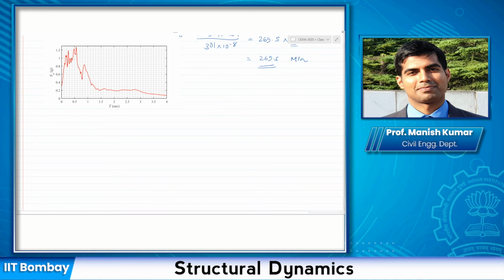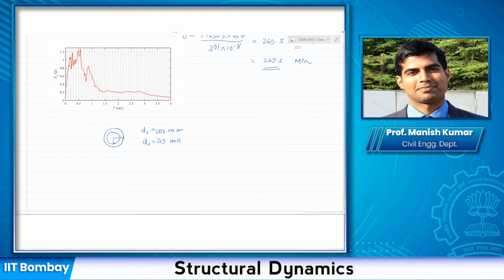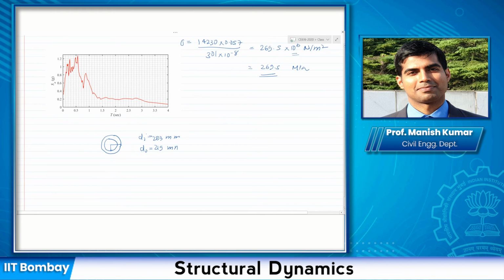So I increase the column section so that now my internal diameter becomes 203 mm, and the external diameter is 219 mm. Other properties remain the same. So the total mass, height, and response spectra remain the same. The only thing is that in the next design iteration, I want to reduce the stress.